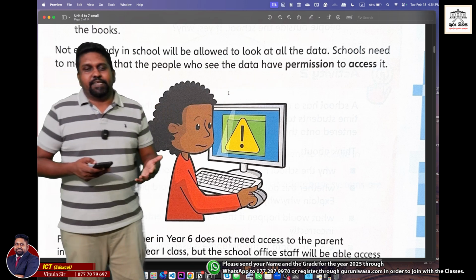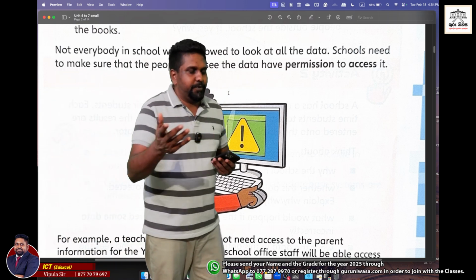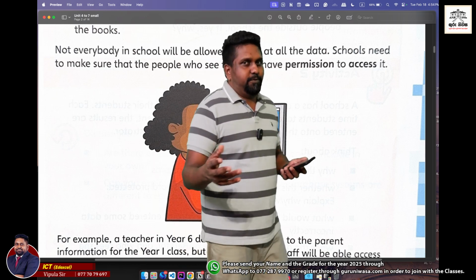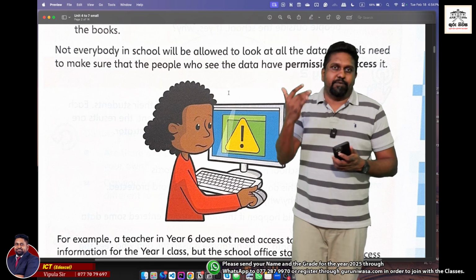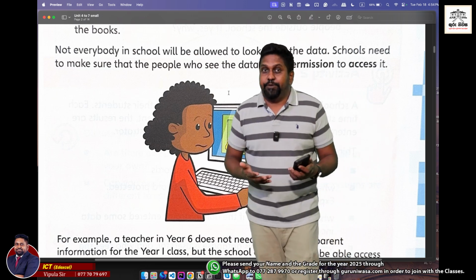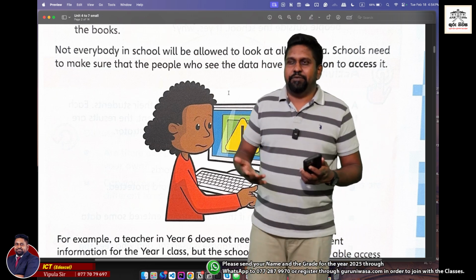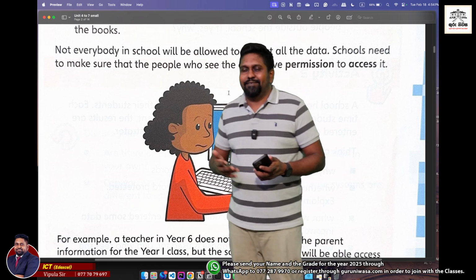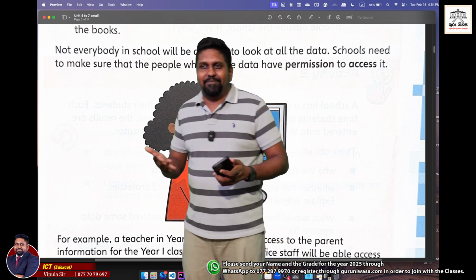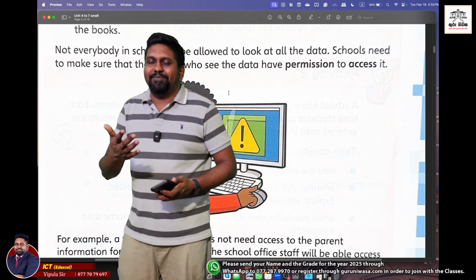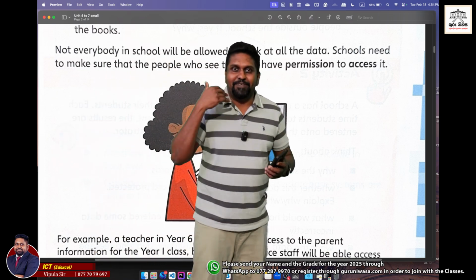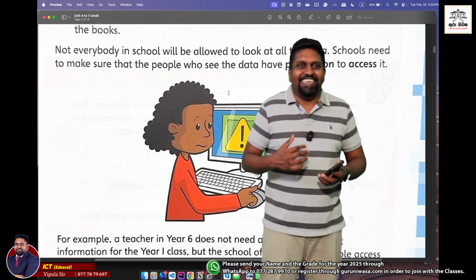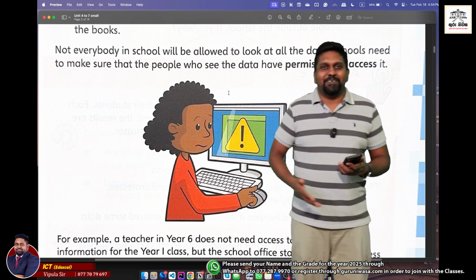Okay, so the example is your class teacher. Obviously your class teacher should have access to your basic details, right? Your mother's name, your father's name, not technically where you live, that's not that important for the class teacher, but your parents' phone numbers. If you do something naughty, they will give a call and they have the option to report, right?